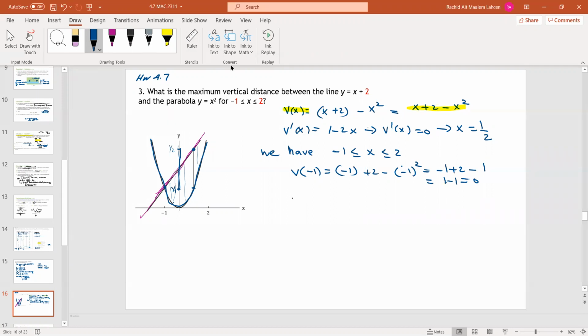Then we need to do v of 2. It will be 2 plus 2 minus 2 squared. So that's a 4 minus 4, that's a 0.